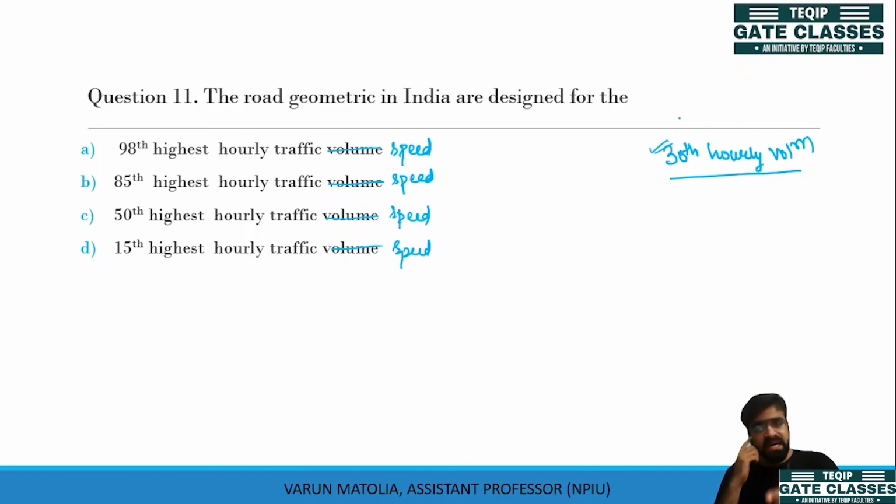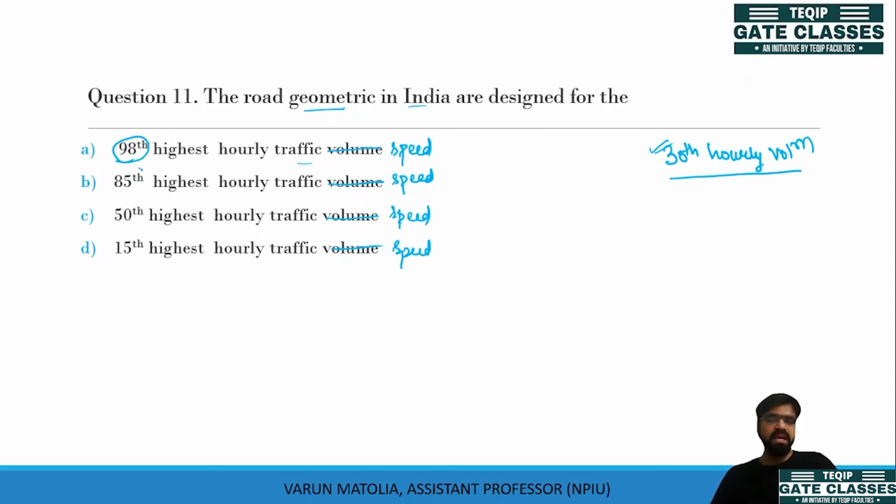But the 98th highest hourly or 50th highest hourly, these are the traffic speeds. And we know that the geometric design for Indian roads is done for the 98th percentile speed.